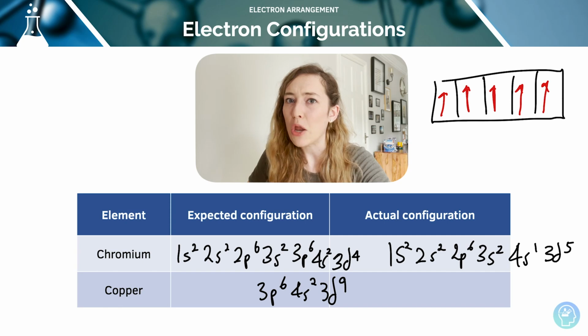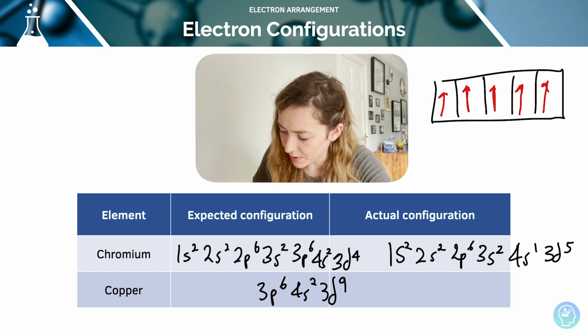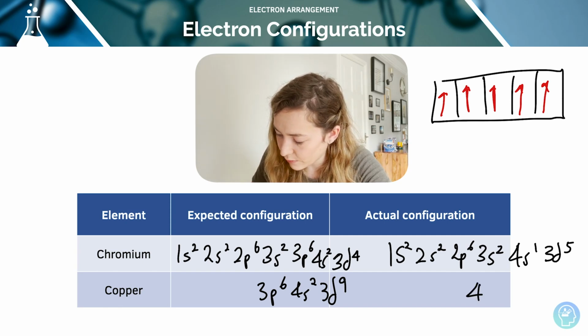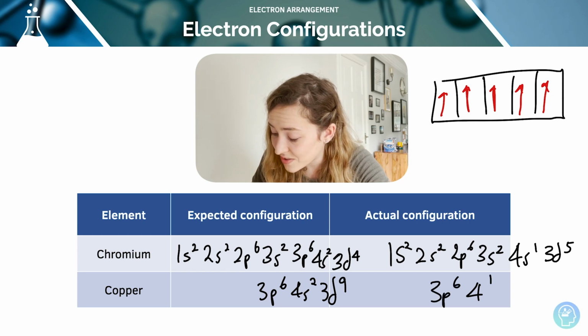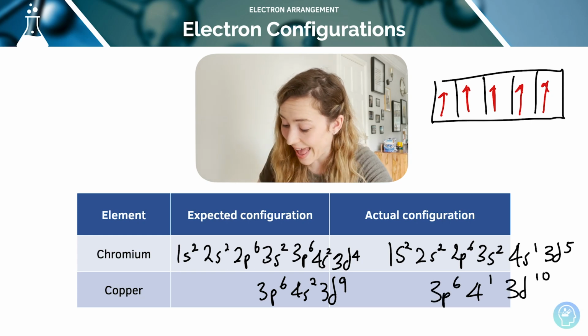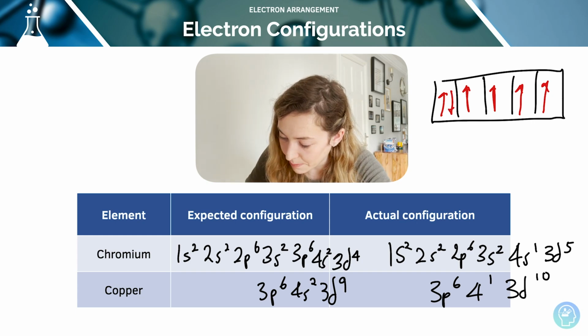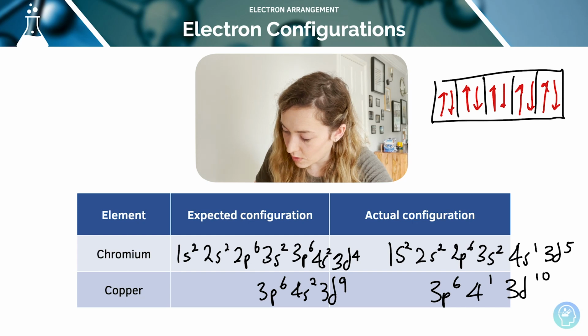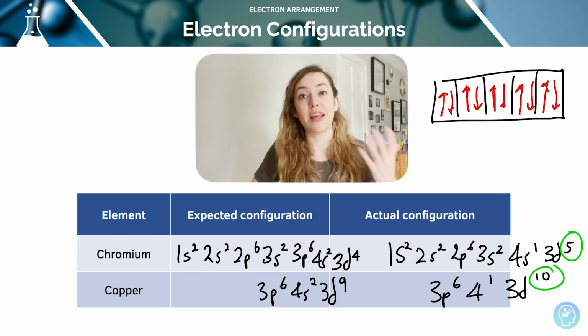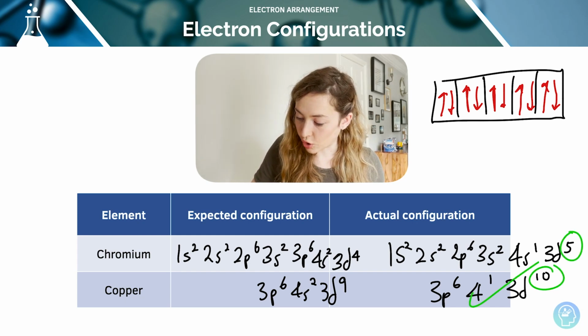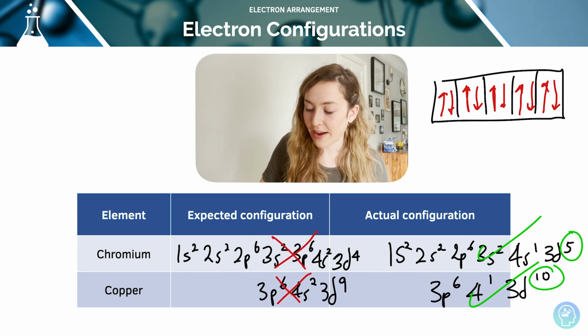Now 9, not great. So what we're going to end up with is, if I just carry on from the 3p, it's going to be 3p6, 4s1, 3d10. And what that means is they're going to pair up nicely now to fill all 10. So this is full, this is half full, it's more stable. So these are correct, these are incorrect.